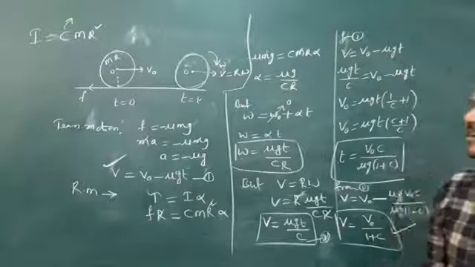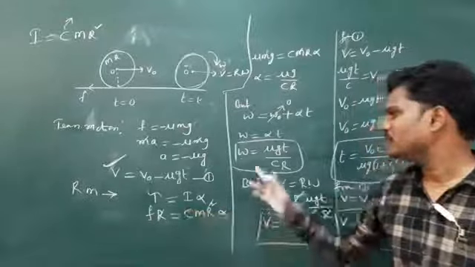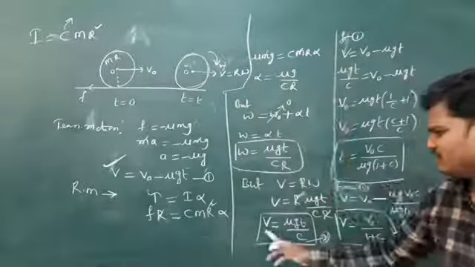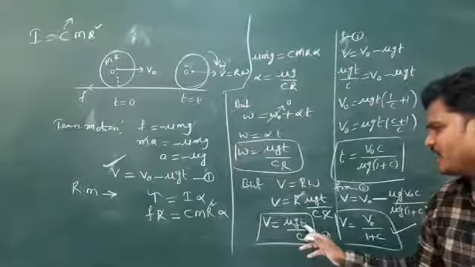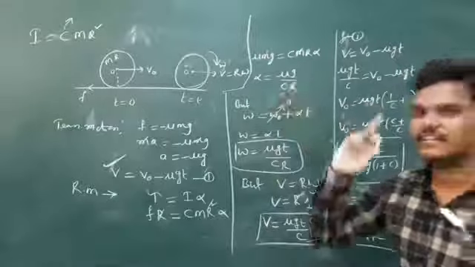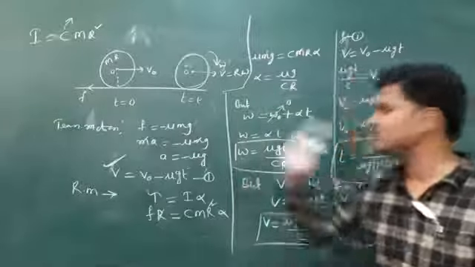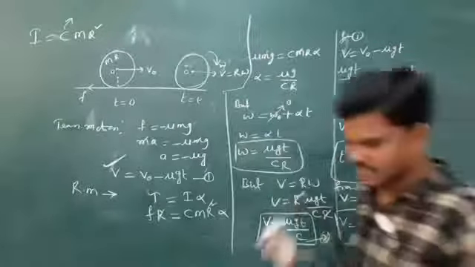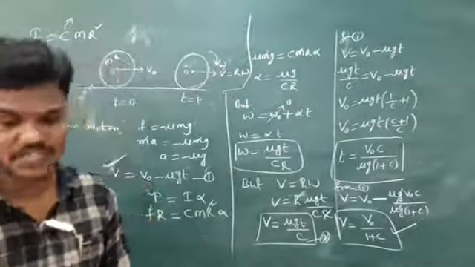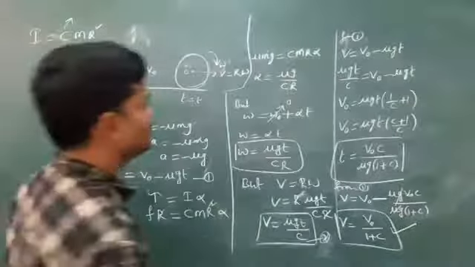In the numerical they may ask torque, omega, angular acceleration, and so many others. If they give time and c, we can find v directly. Based on the given data, use these formulas. And this formula is possible by using conservation of angular momentum also. Let us see how to get that formula.